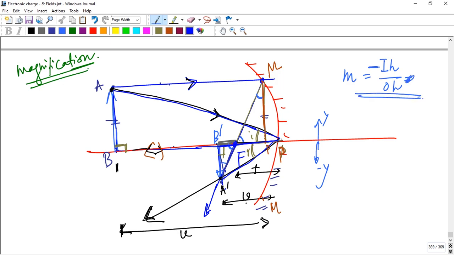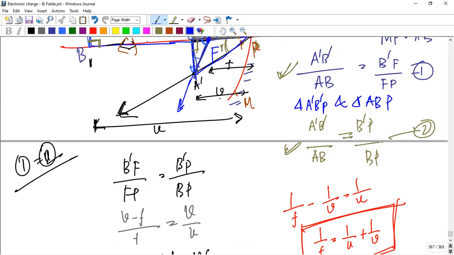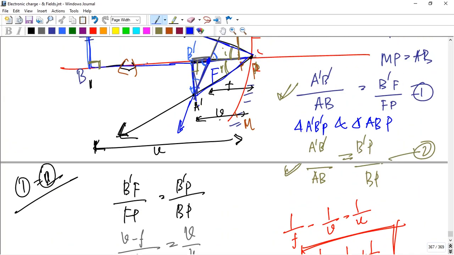And image height means minus A'B' by AB. So A'B' by AB, look at this very carefully, is equal to B'P by BP.